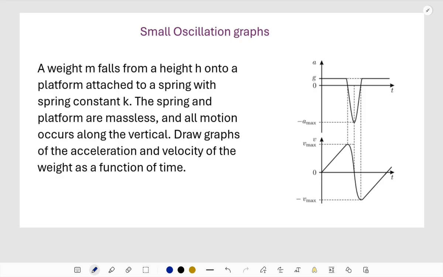The statement of the problem says a weight m, that is mass m, falls from a height h onto a platform attached to a spring with a spring constant k.